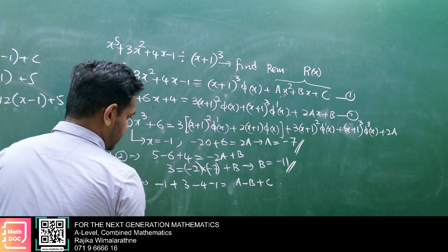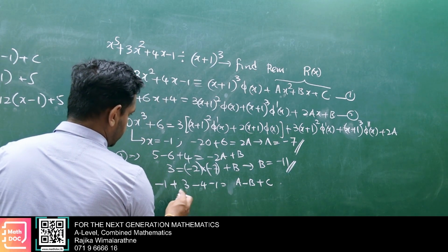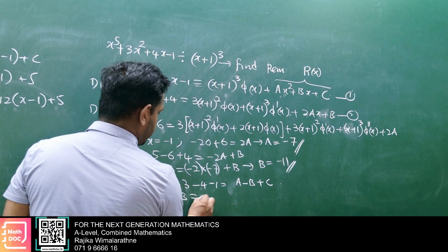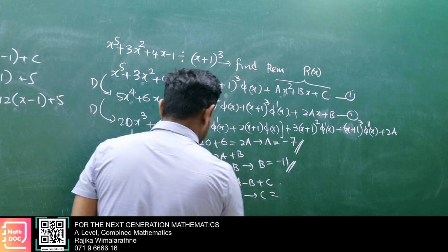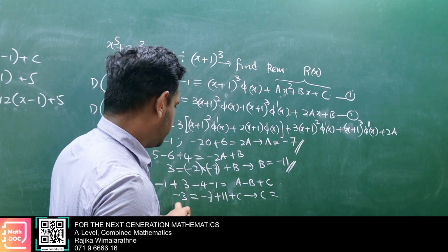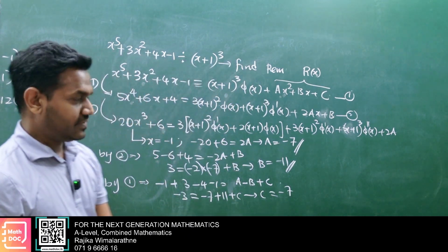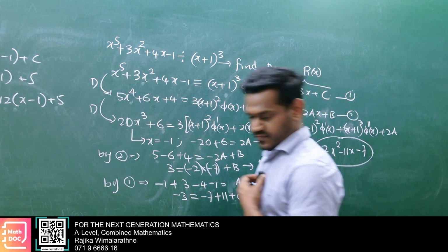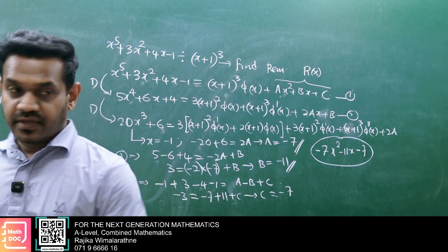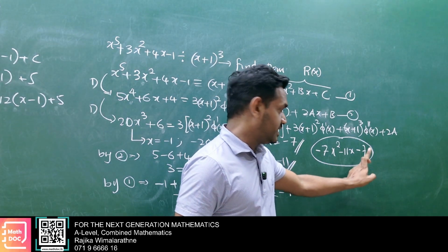With a value minus 7 and b value minus 11, c comes out to be minus 7. So the remainder is minus 7x squared minus 11x minus 7.